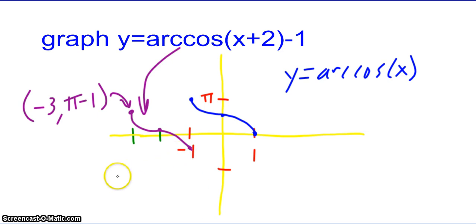This point is at -1, -1. But since my scale is in terms of pi, it's a little hard to see. This is right here at pi halves, so this is at pi halves minus 1. Again, getting the general shape is more important.